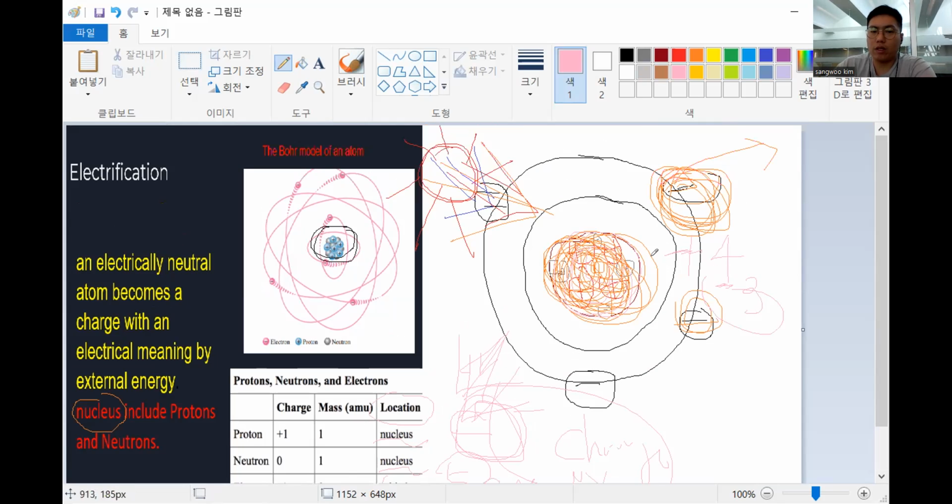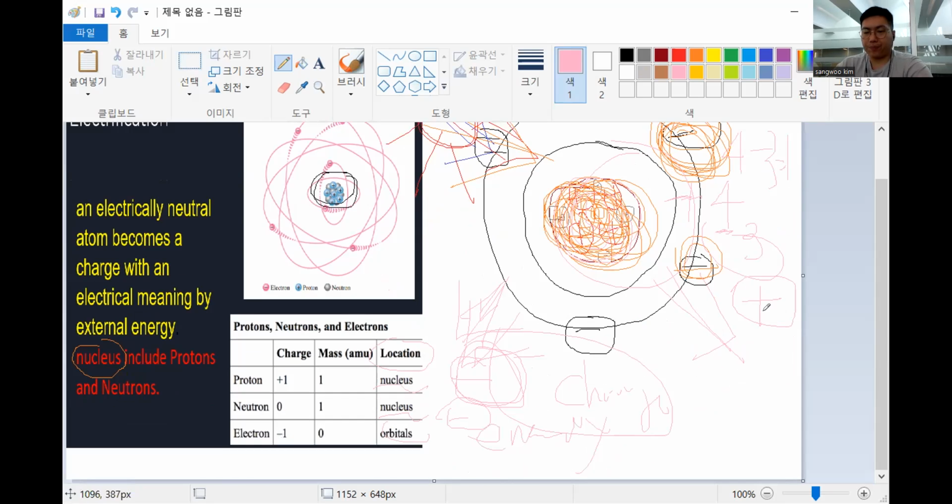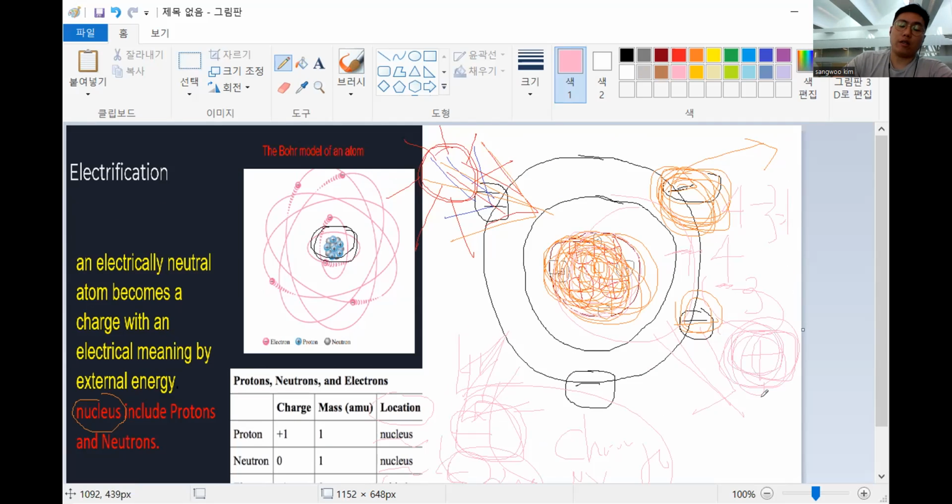So this atom has to be plus, because look at that, 4 minus 3 is 1. So it has to be a plus charge. So now we have a negative charge and a positive charge. Now it has minus energy and plus energy. We say this is electrification. It's the basic concept of how we get charge.